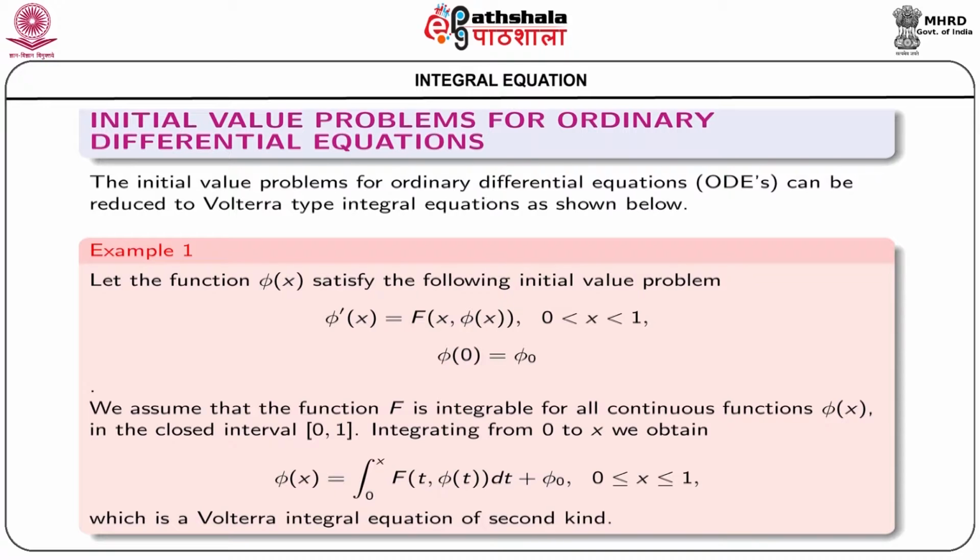We simply integrate this differential equation to obtain phi x equal to integral 0 to x capital F t phi t dt plus phi naught, where x lies in the interval 0 and 1. This is a Volterra integral equation of second kind. As is seen from this relation, the upper limit of integral equation is x.